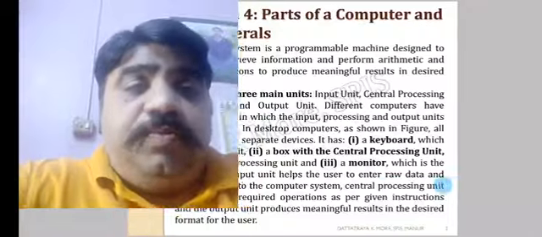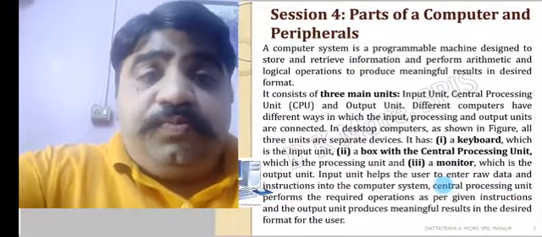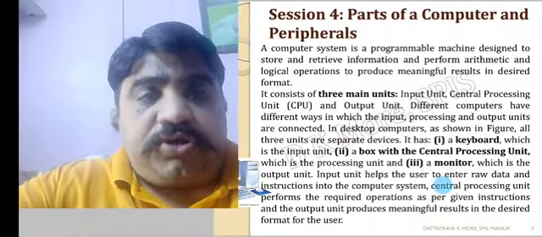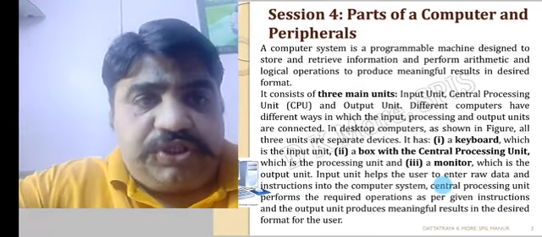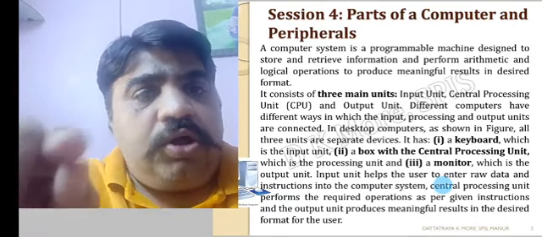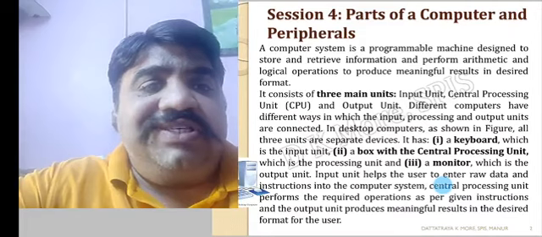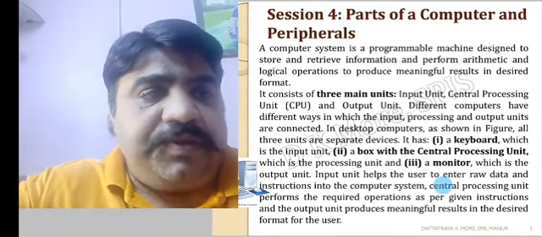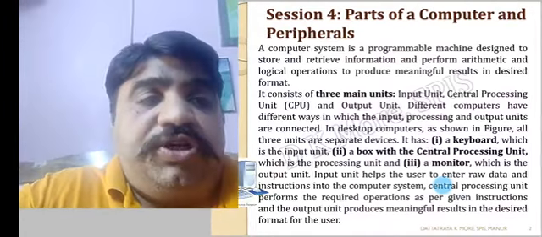It has a keyboard, which is the input unit, then a box with the central processing unit, where we turn on the power button, which is the processing unit, and the third one is a monitor, which is the output unit.